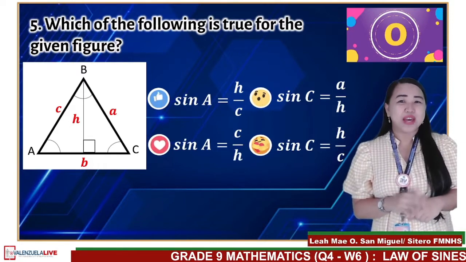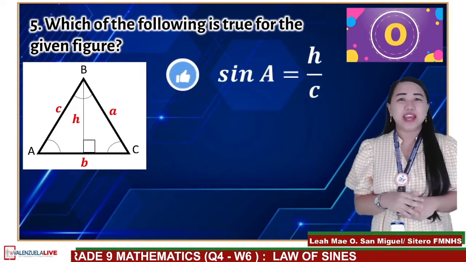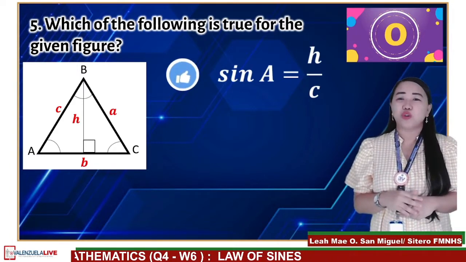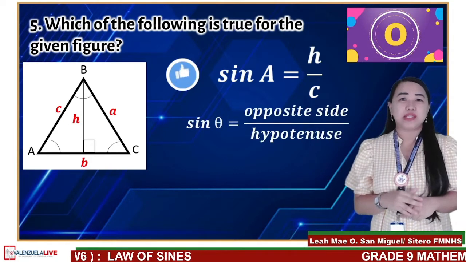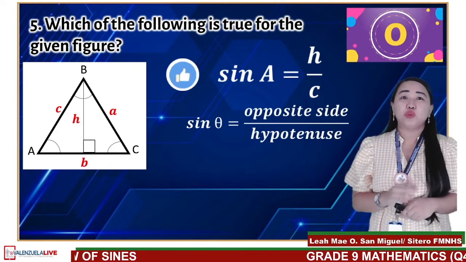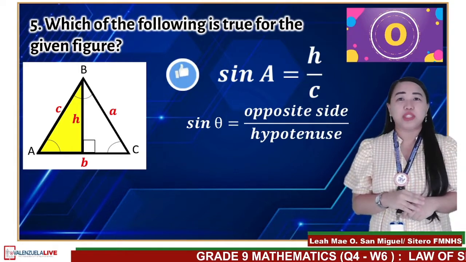Time is up. The answer is like react. Sine A is equal to h over c. The triangle ABC is divided into two right triangles by the altitude h.